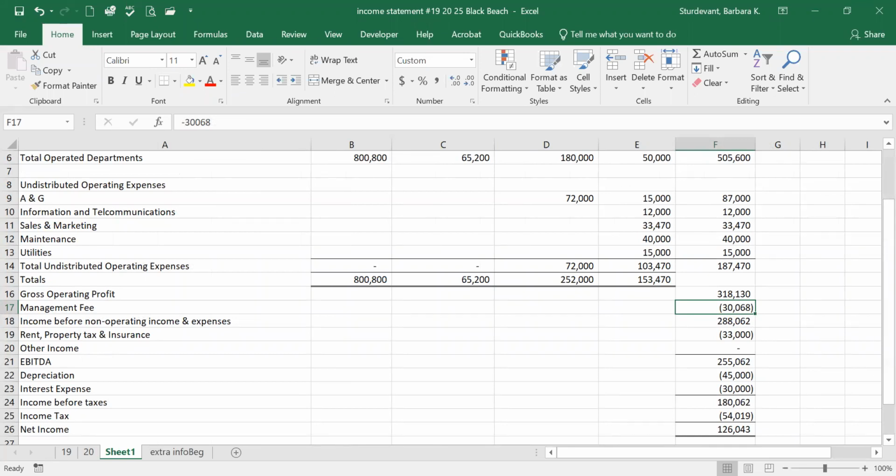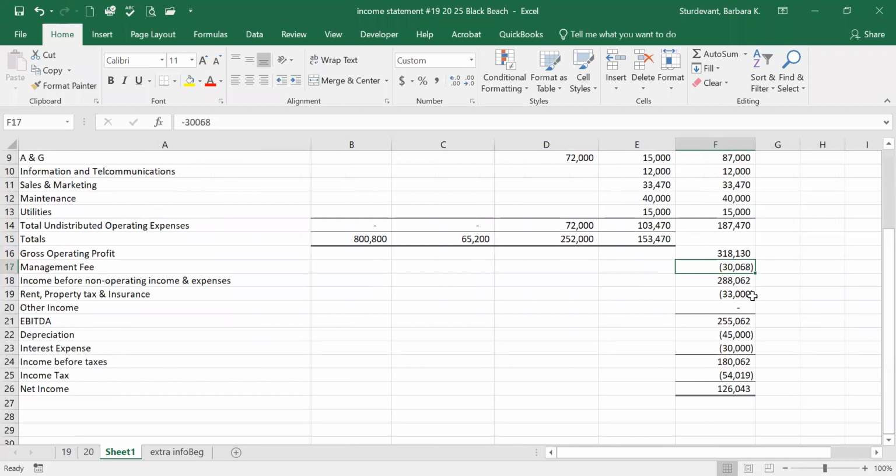The insurance, property taxes is 33, was exactly the same. The only difference with this whole problem was the interest expense. This one had interest expense, whereas the number 20 did not. So that changes your income. Any specific questions on this one?